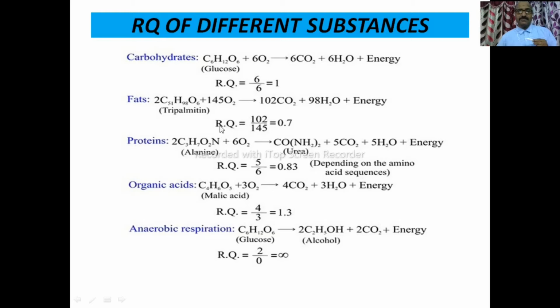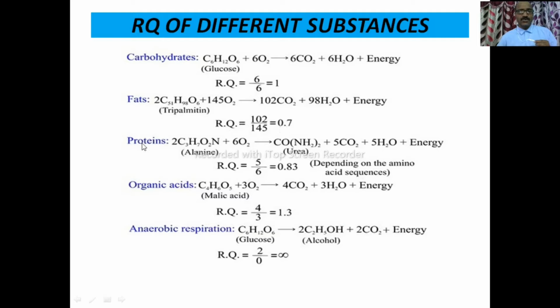As per our formula, RQ equals the volume of carbon dioxide evolved, 102, divided by the volume of oxygen utilized, 145, which is equal to 0.7. So you have to remember, in case of fat, the RQ value is less than 1, that is 0.7.